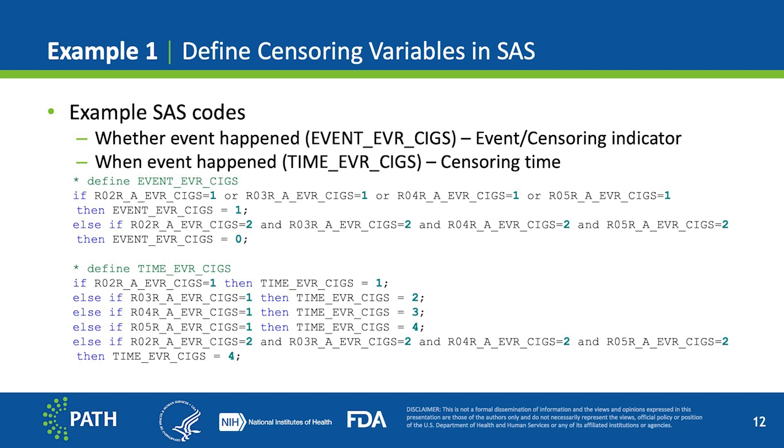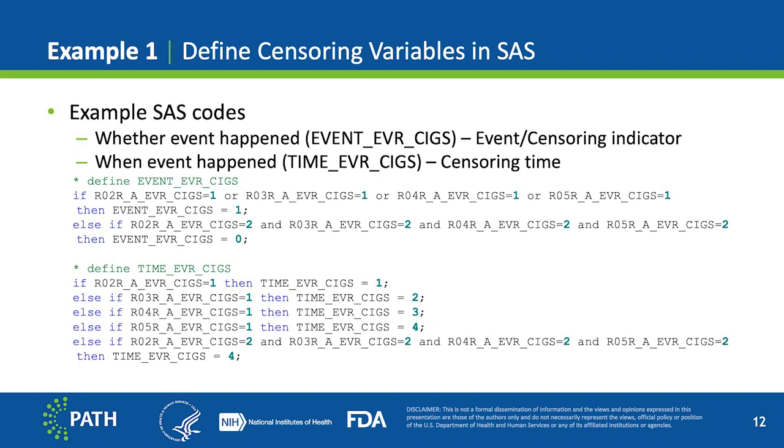We can output or generate the table in the previous slide from SAS. What we need to do before that is to define the censoring variable, which indicates whether this event happened or not. An event or censoring indicator like event_EVR_CIGS determines whether the event happened.